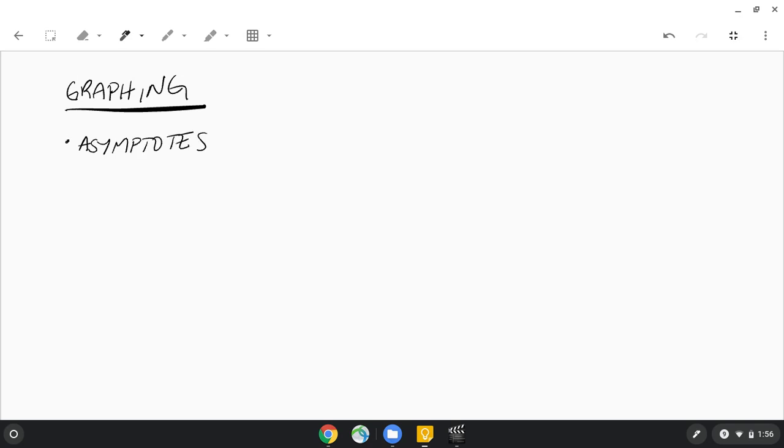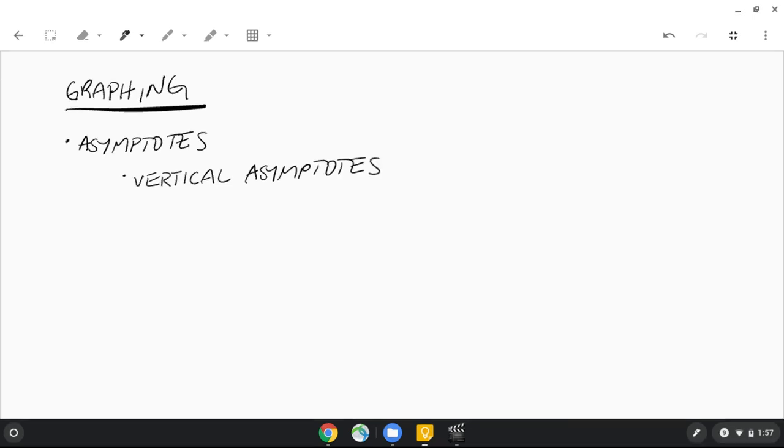Okay, so when it comes to graphing rational functions, the idea of asymptotes plays a big role. We are going to be taking a look at what are called vertical asymptotes. This is basically where R of x is undefined.